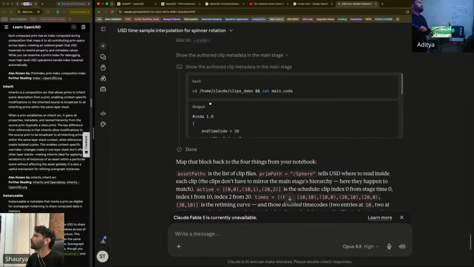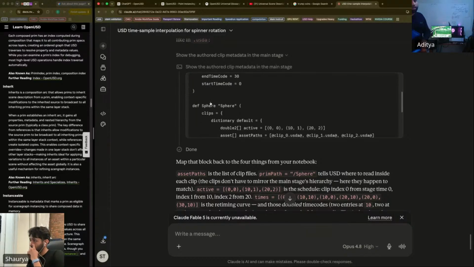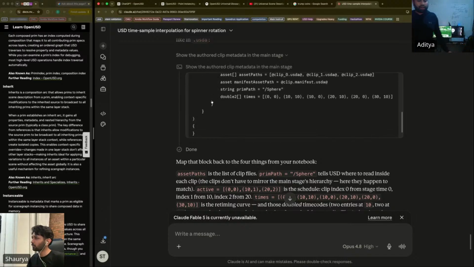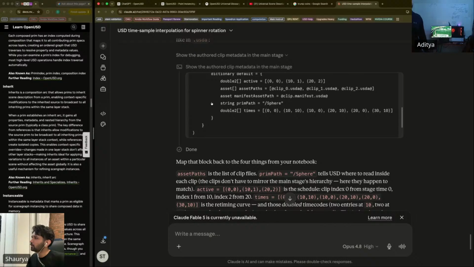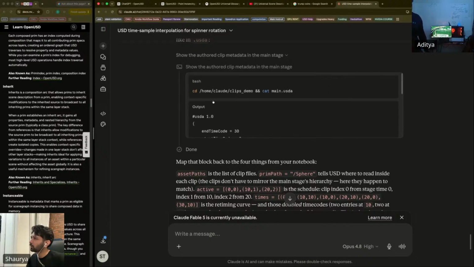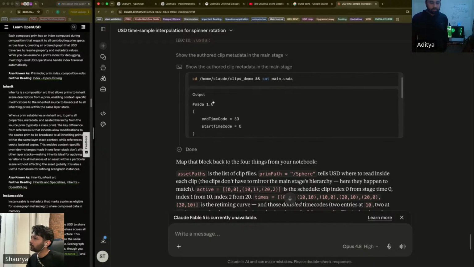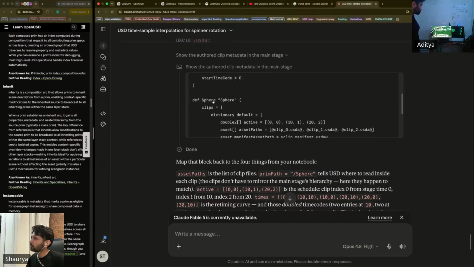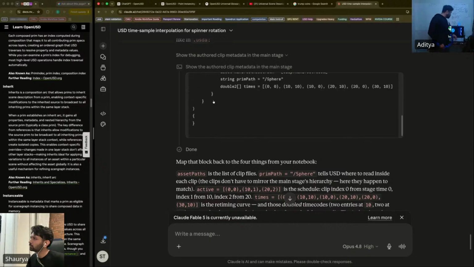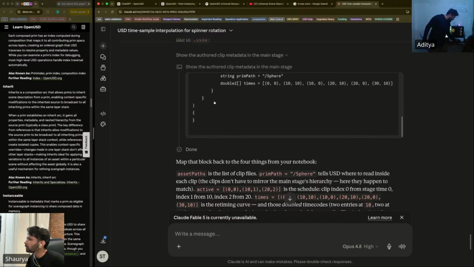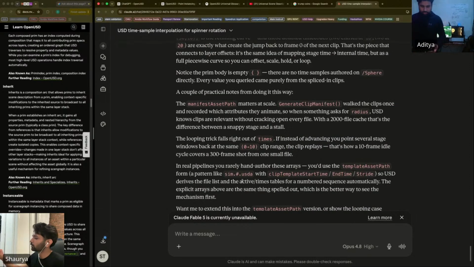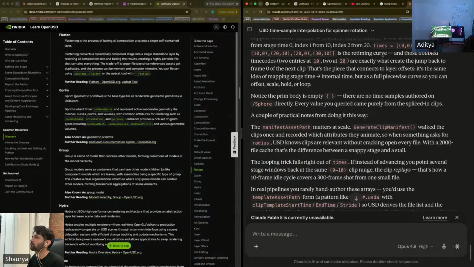So that is one thing that we got to know today: value clips cannot have references. Value clips can only have attributes. Value clips should have had a section in Learn OpenUSD with an exercise.